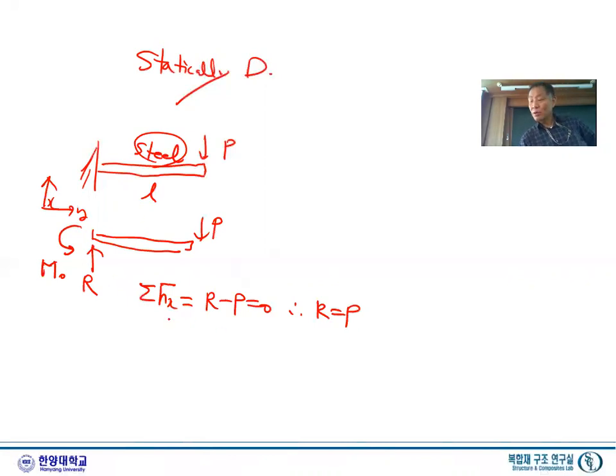And for moment equals 0, we consider moment equilibrium. So for moment, we can pick any point, we pick this one, and this is M0, so plus, and this one causes minus, so minus PL. So this is 0. So M0 is what? P times L.